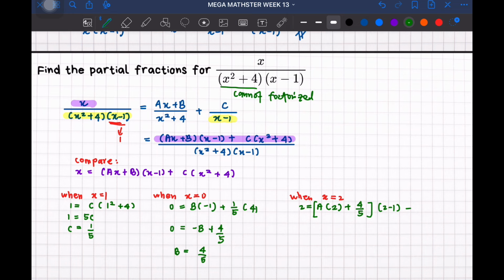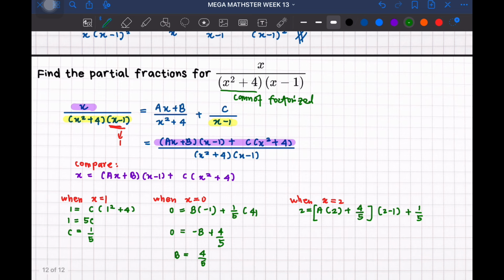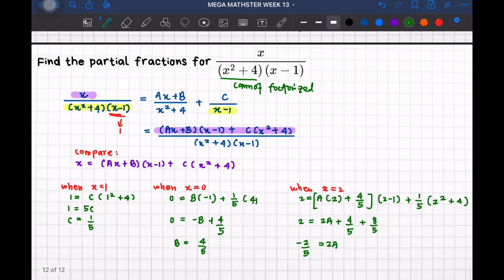Then for c, plus 1 over 5, times x squared plus 4, so 2 squared plus 4. Simplify: 2 is equal to 2a plus 4 over 5 plus 8 over 5. When simplified, we get negative 2 over 5 is equal to 2a. Then a is equal to negative 1 over 5.